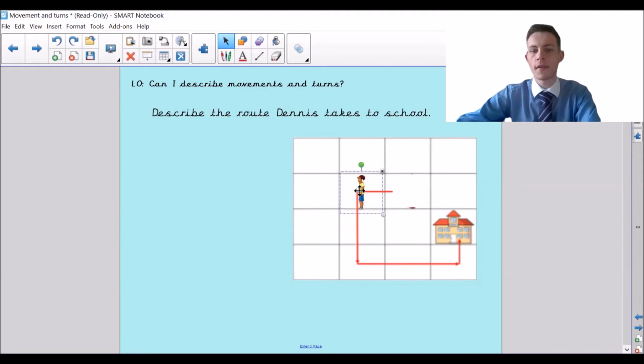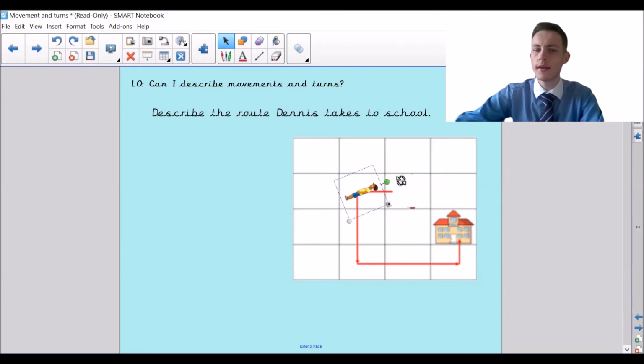Okay, so now we need to have a think about where we're going next. Following the line down, we need to think, what kind of turn do we need to make? Do we need to make a quarter turn, a half turn, 3/4 turn, or a full turn?